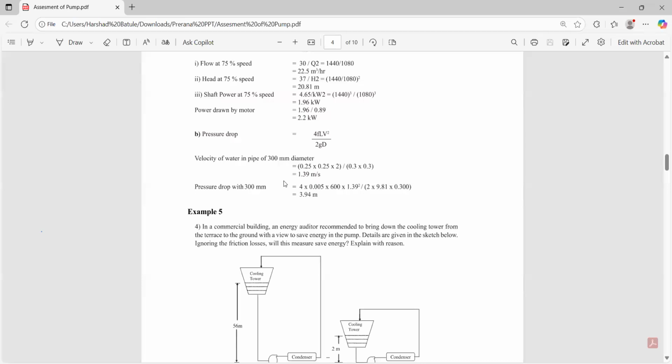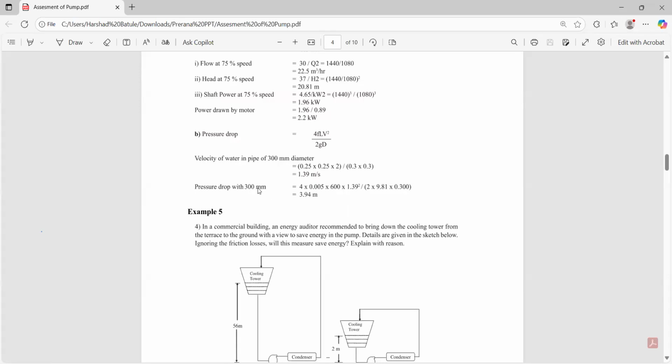So to calculate the pressure drop of the 300 mm pipe, your formula is 4 FLV square by 2 GD. So your 4 F is given as 0.05, length of the pipe is given as 600 meter, velocity we have calculated from this particular equation as 1.39 meter per second, and 2 GD is given.